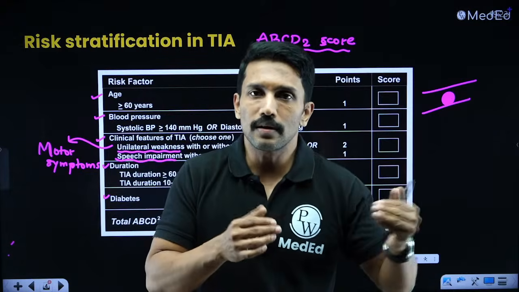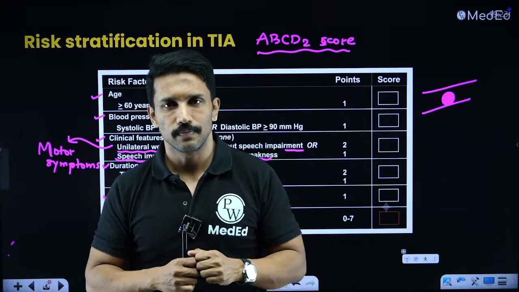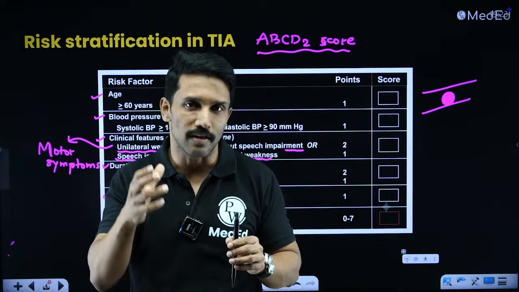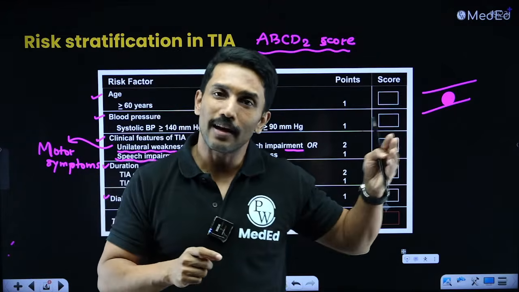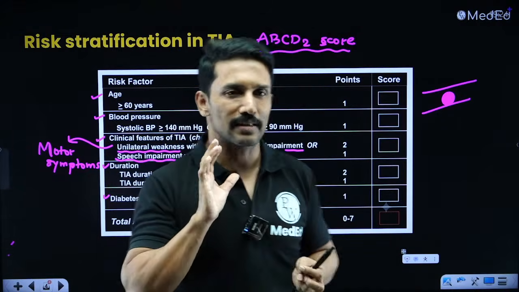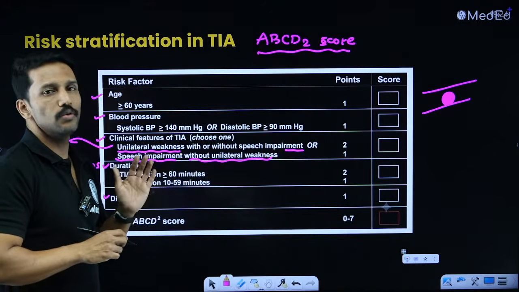If they take longer to re-establish the blood flow, TIA lasts longer, right? So it tells about how efficient the counter mechanisms are in you. So if they are not efficient, then the chance of ending up with a frank stroke is high. If they're efficient, the chance of ending up with a stroke is less. That's why the longer the duration of TIA, the more points given to it.